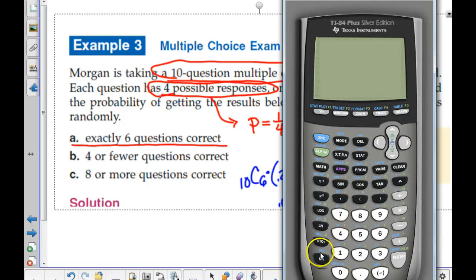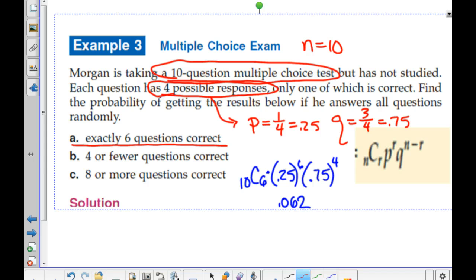It should look like this. Are we good? 0.016? Okay.